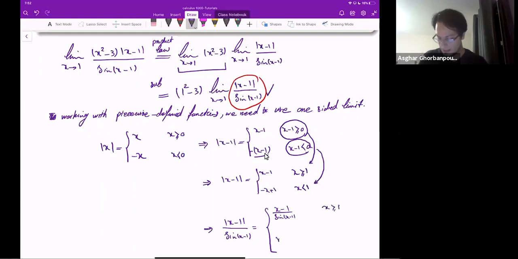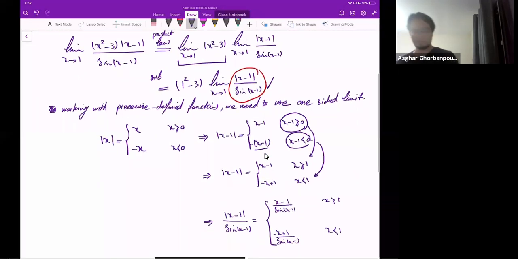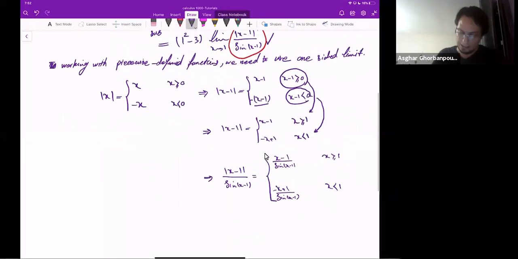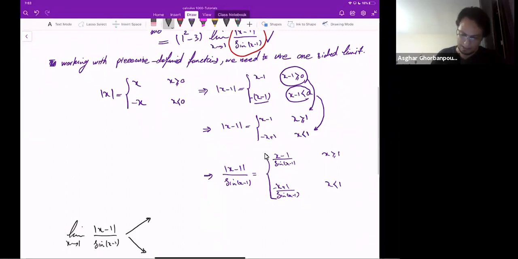This is minus x plus 1 over sine of x minus 1 for x less than 1. Very nice. Now, to deal with the limit of the absolute value of x minus 1 over sine of x minus 1 as x goes to 1, I have to separate it into two pieces.